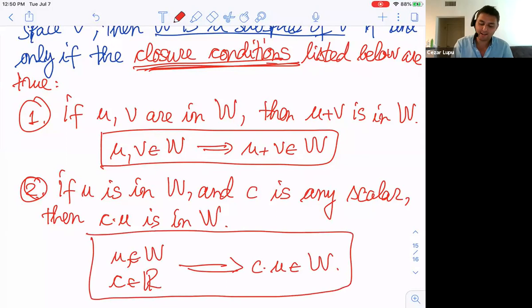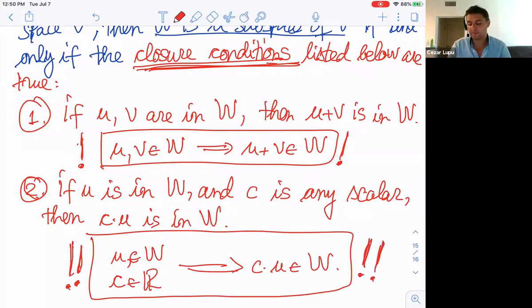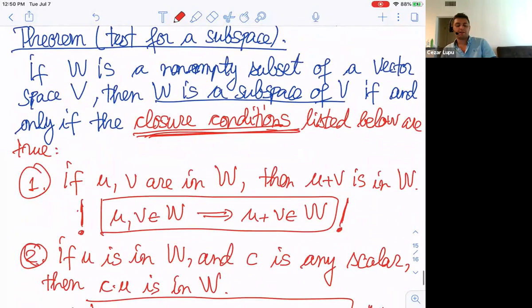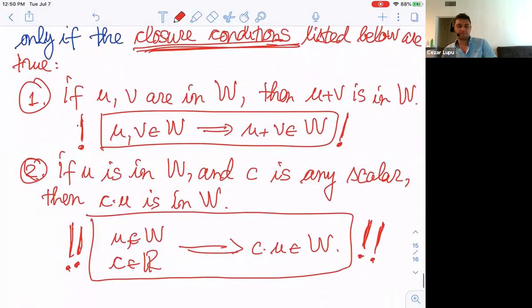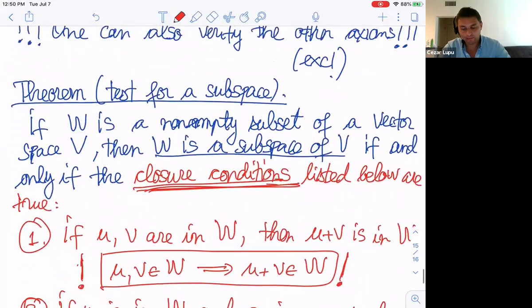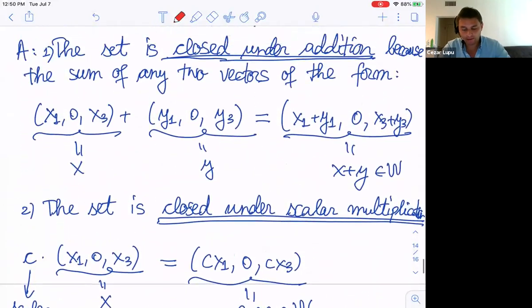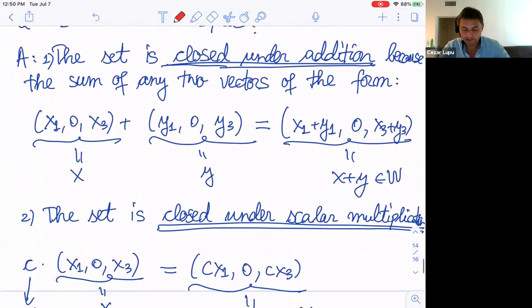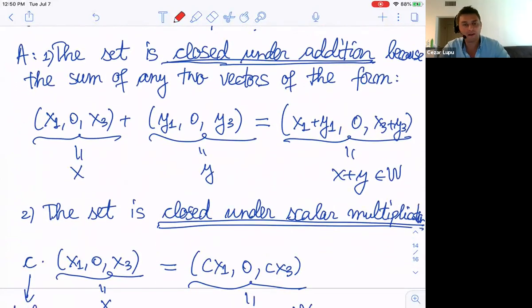So guys, this is the first one you need to verify, and this is the second one you need to verify. And that's enough to test if something is a subspace, right? I want you to look at them again. These are the two conditions. And if I go back to my previous example, you see, I've only verified two of them.